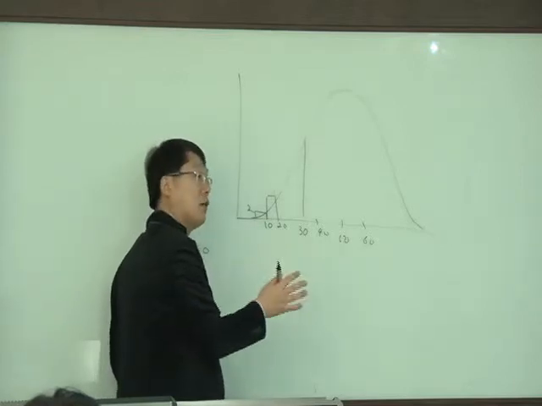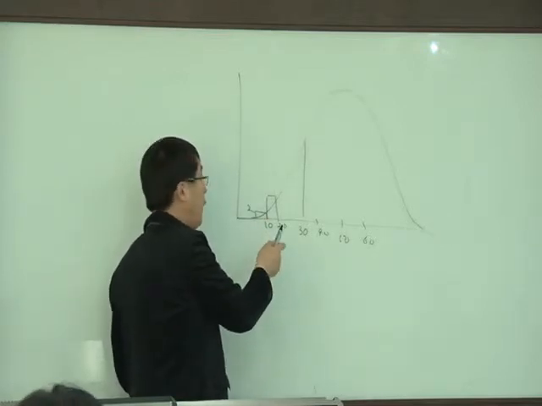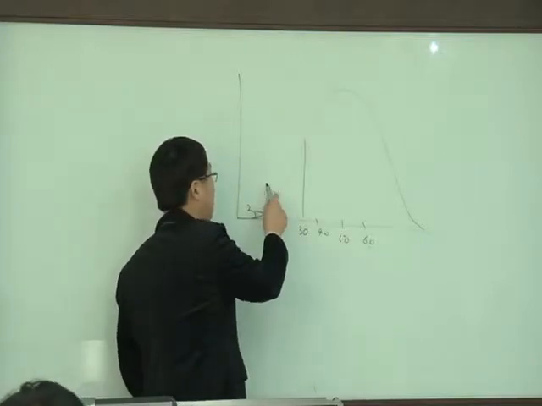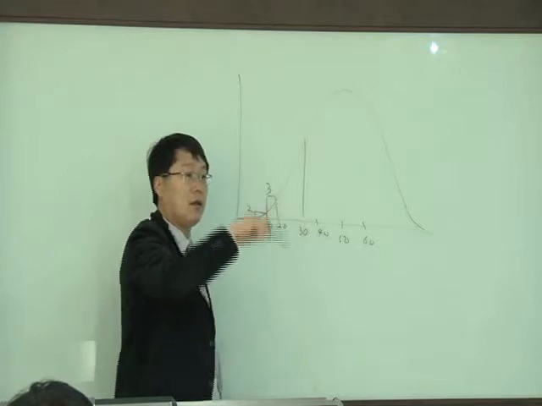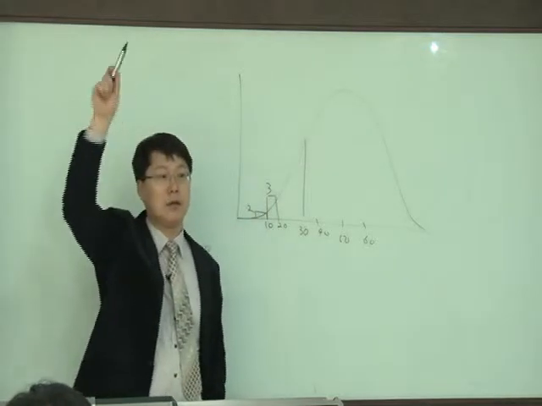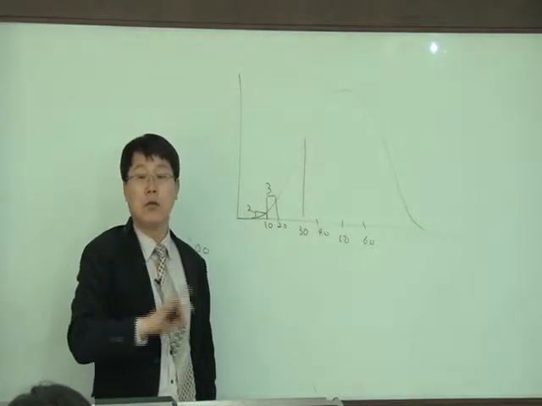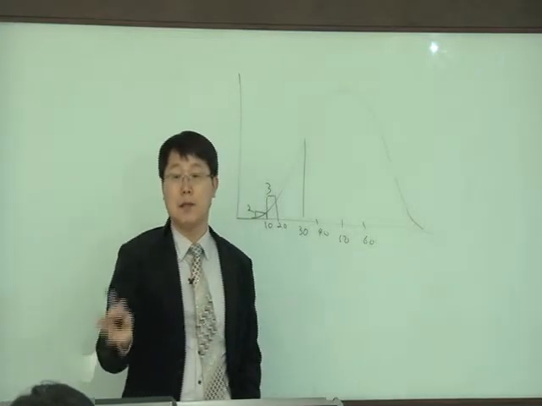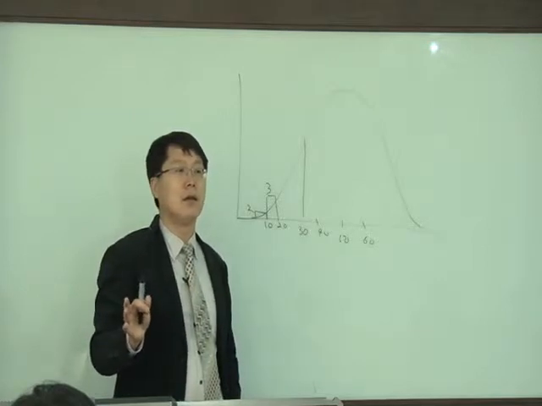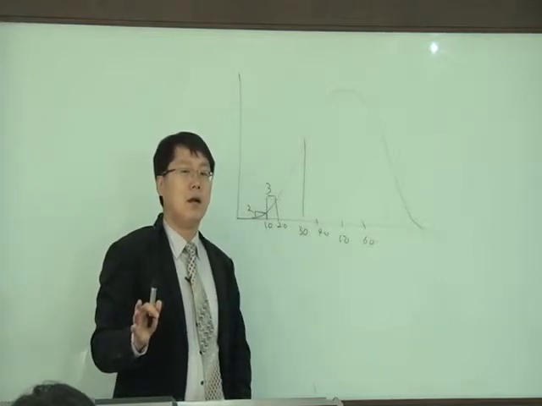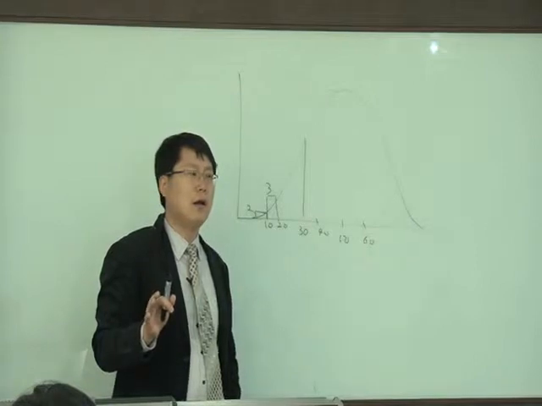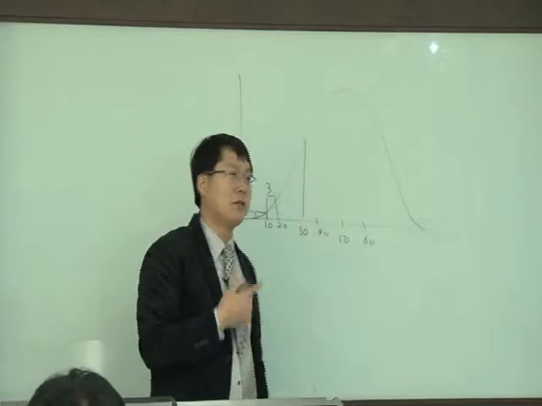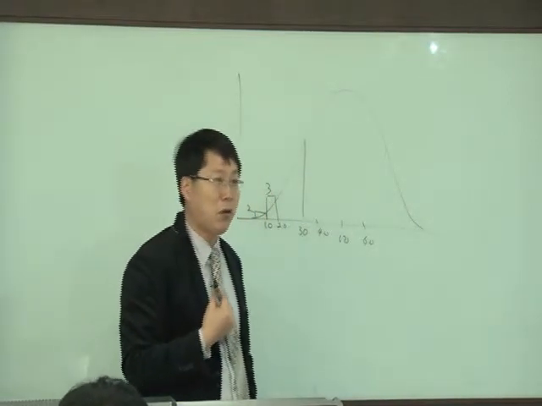Some died when their age is between 10 and 20, maybe 3. So we can construct a graph if we know their life expectancy. Ellen, can you understand? Yeah, it's very good. Let me explain in Korean.